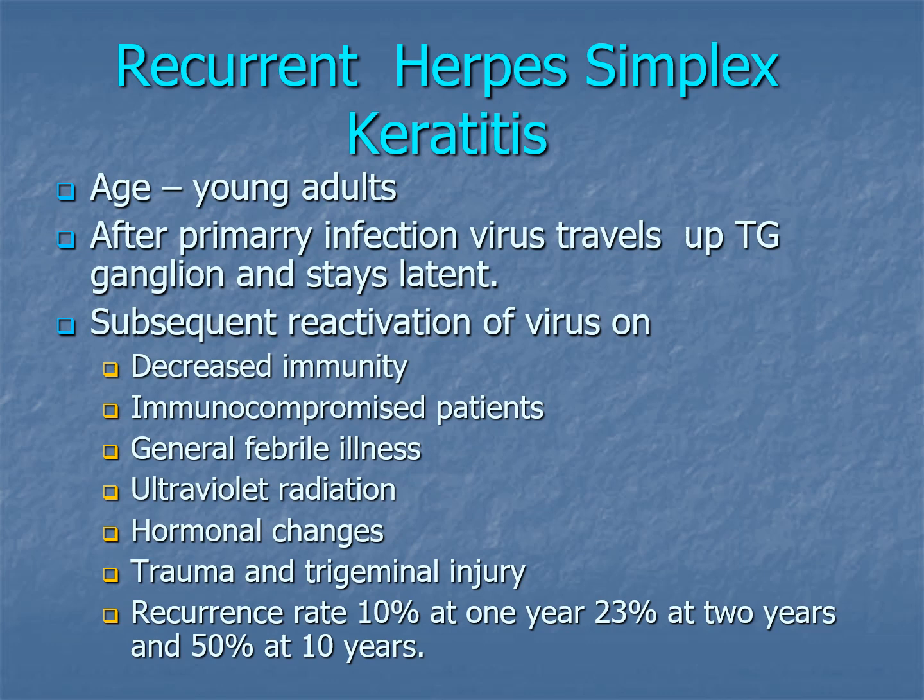It may be due to decreased immunity, immunocompromised patients, long-standing illness, ultraviolet radiation, hormonal changes, trauma, and trigeminal injury. The recurrence rate is 10% at 1 year, 23% at 2 years, and 50% at 10 years.